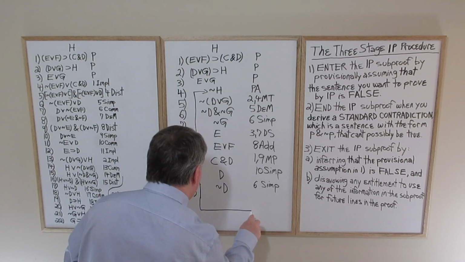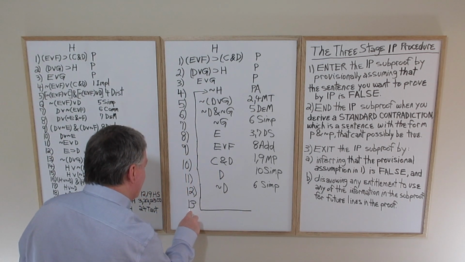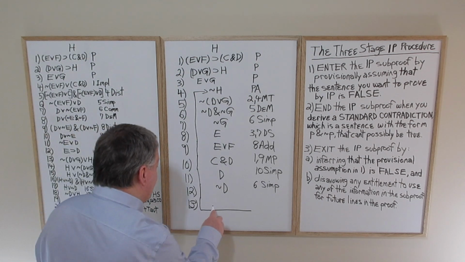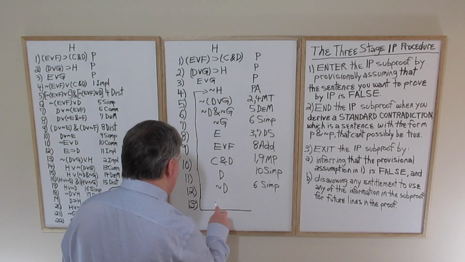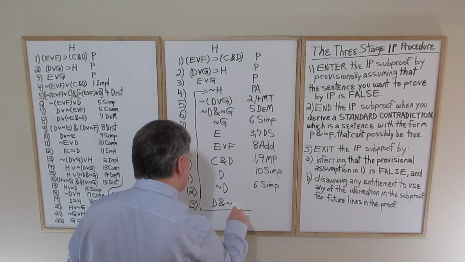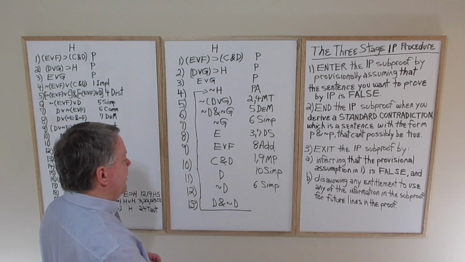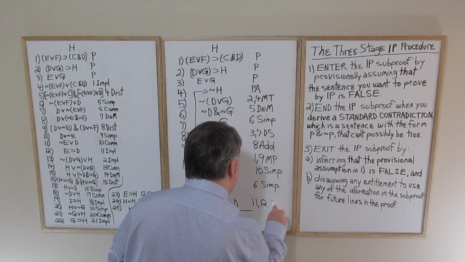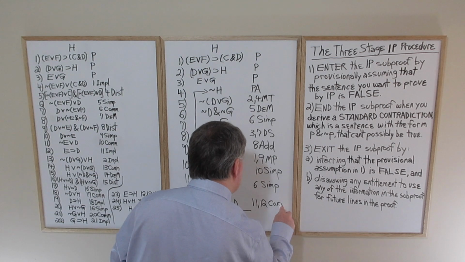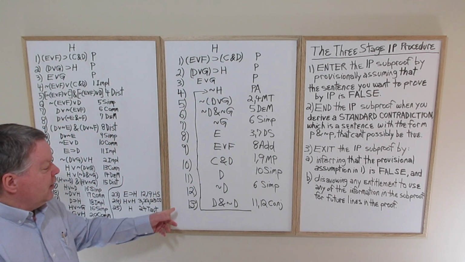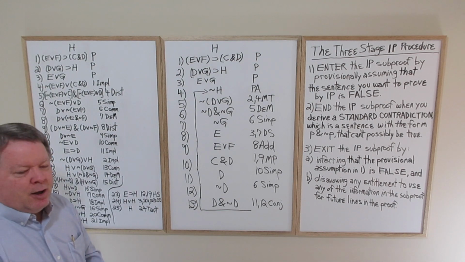Finally, we will end the IP subproof by deriving the standard contradiction by conjunction. So 11, 12, conjunction.